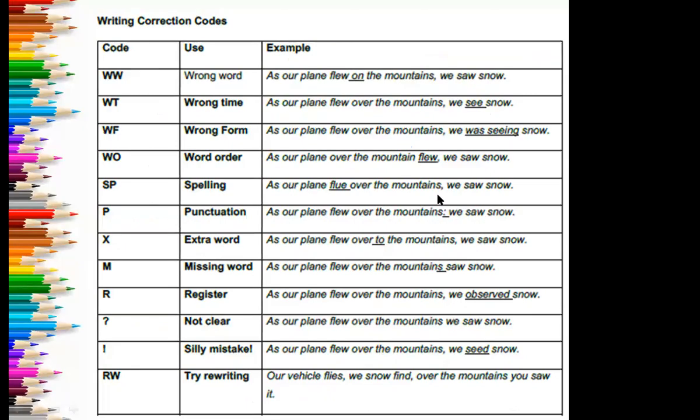Here you can see what some authors propose as writing correction codes that you can put in your students' papers so they can know what the problem is or what they need to correct and act accordingly. I'm going to be sharing this presentation with you so you can take a proper look at them.